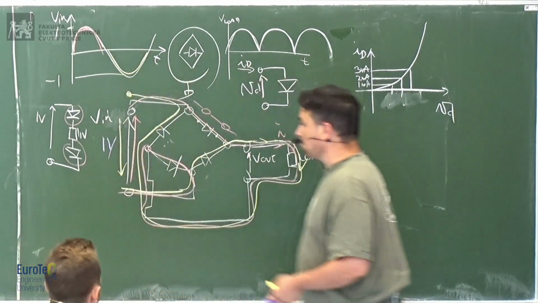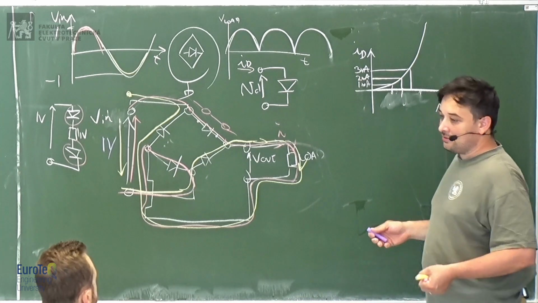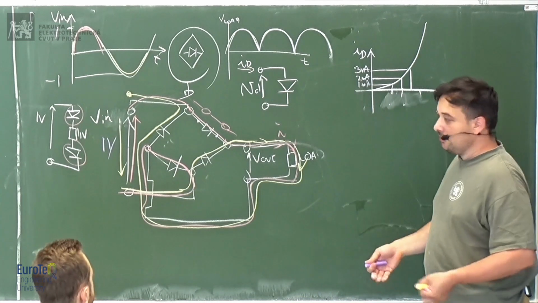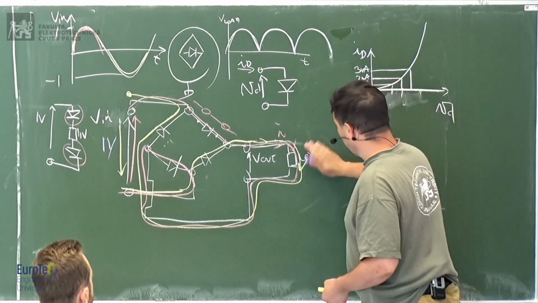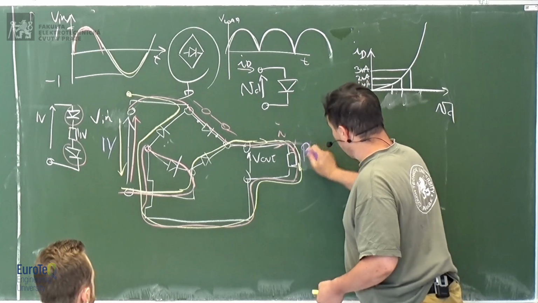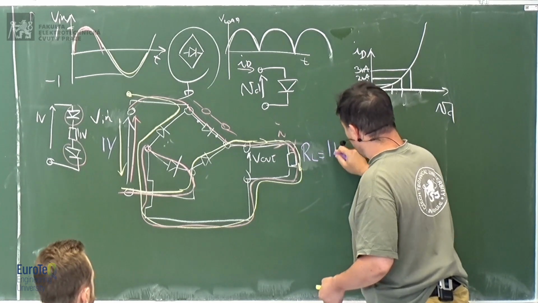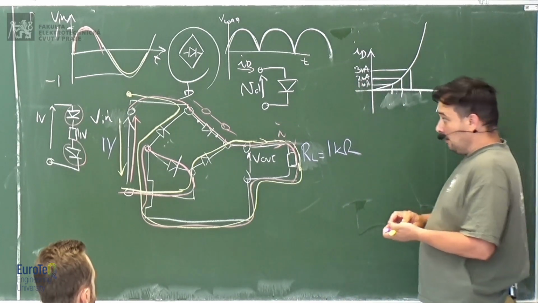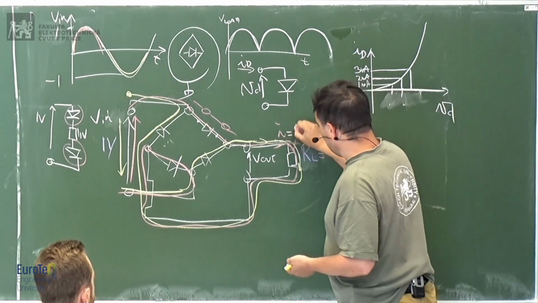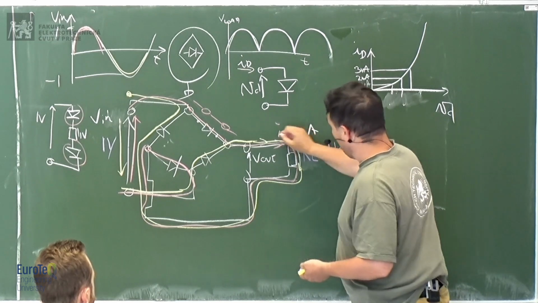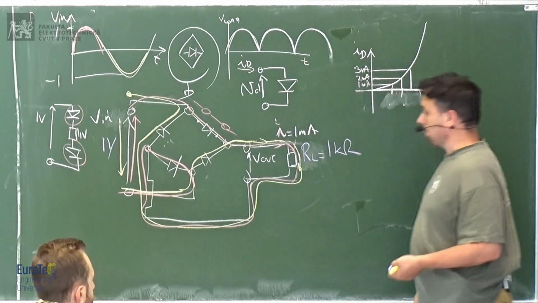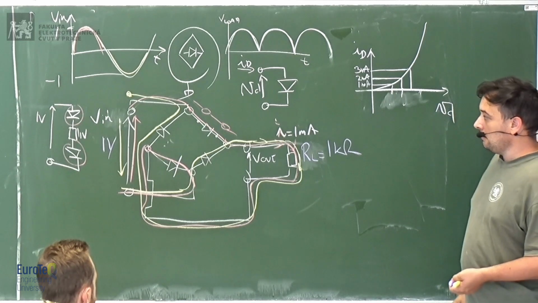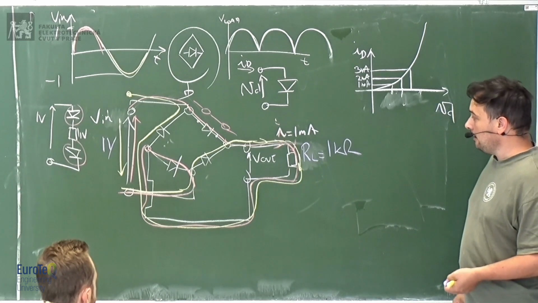1 volt here. Ideally, if the diodes didn't have any voltage drop, and I have 1 kilo ohm, I would have 1 milliamp current.